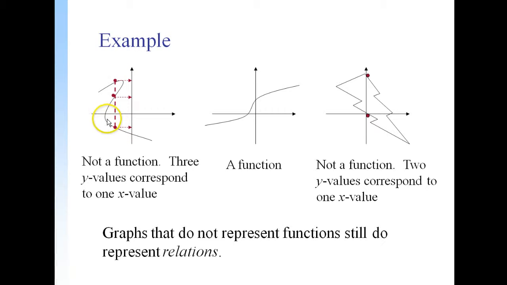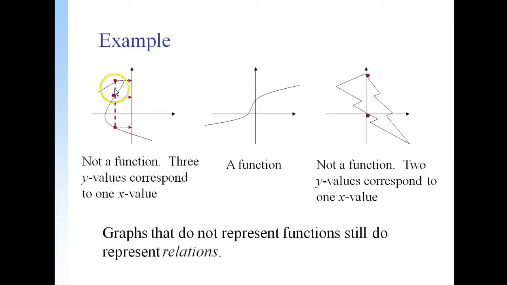So if it intersects in more than one place, as you move that vertical line along the face of a graph, we say it does not pass the vertical line test, and therefore it's not a function. So this one is not a function.